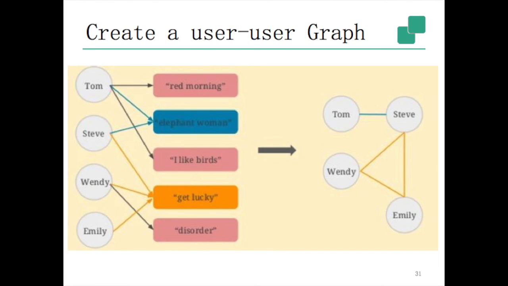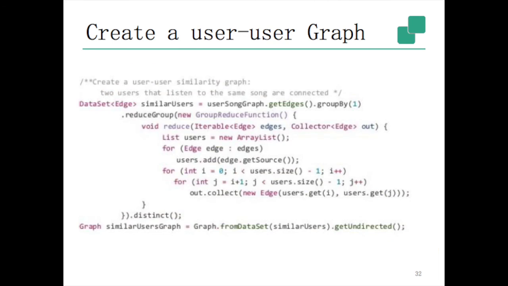For the next step, we would like to cluster similar users together, so to create a user-user graph based on the common songs that the users are playing. So in this case, we would again use Flink. We would create a user-user similarity graph. We would group by the song, and then we reduce.